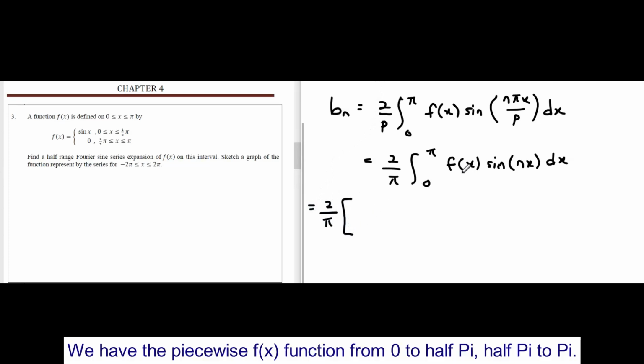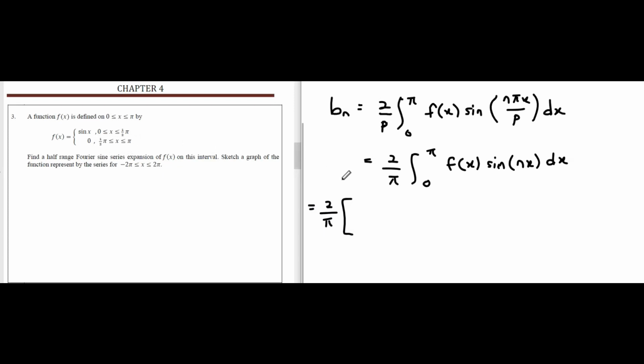We have the piecewise fx function from 0 to half pi to pi.